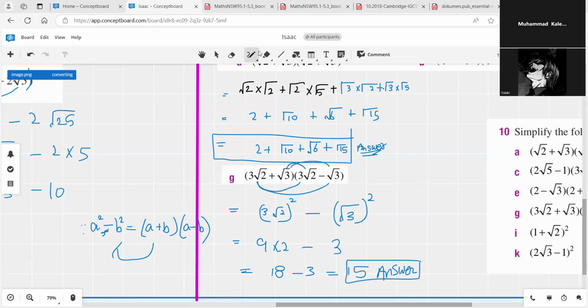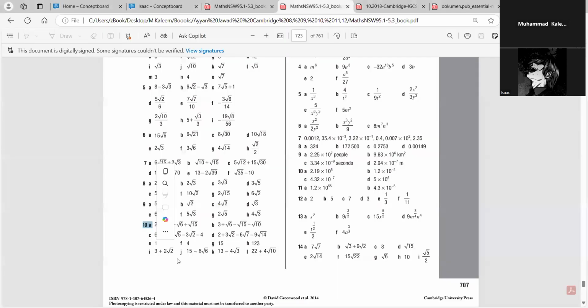I got 18 square root 2 minus 6 square root 6. But the answer is 15. Question number 10, G part. How did you get 15?